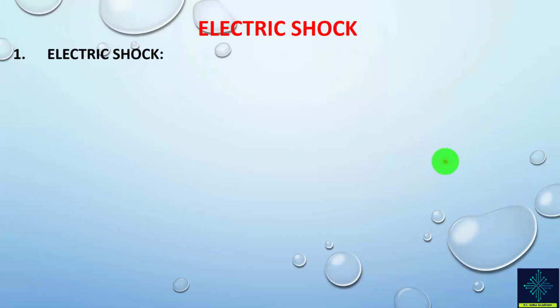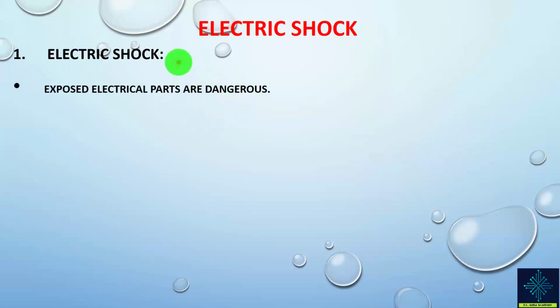The first hazard that we will discuss is related to electrical shock. This is the first category of hazards. We can think of exposed electrical parts as dangerous and might lead to electrical shock. Overhead power lines are also dangerous and might lead to serious electrical shock.